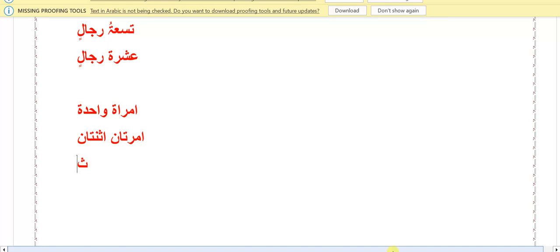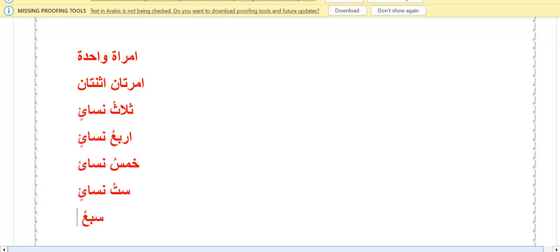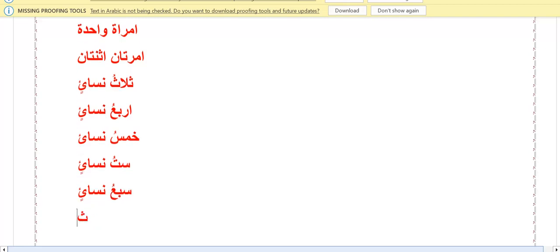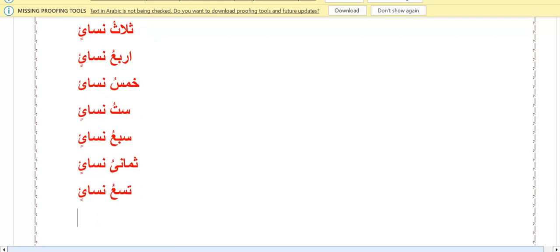But for 3 women we will say salasu nisa'in, arba'u nisa'in, khamsu nisa'in, sittu nisa'in, sab'u nisa'in, samaniyu nisa'in, tis'u nisa'in, asharu nisa'in. These are the rules from 3 to 10.